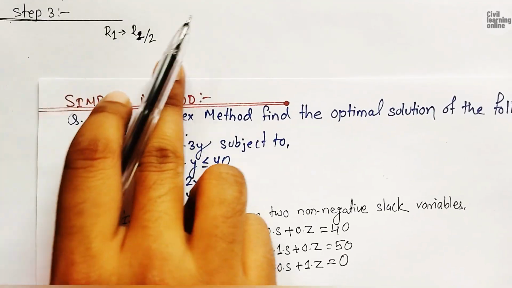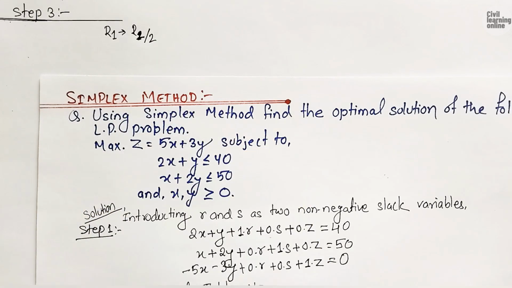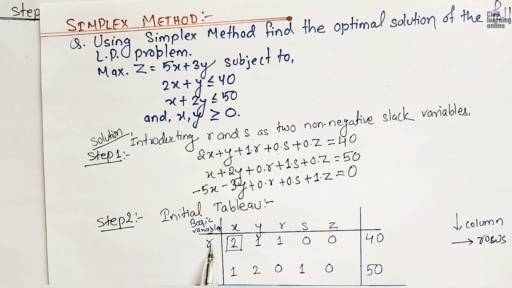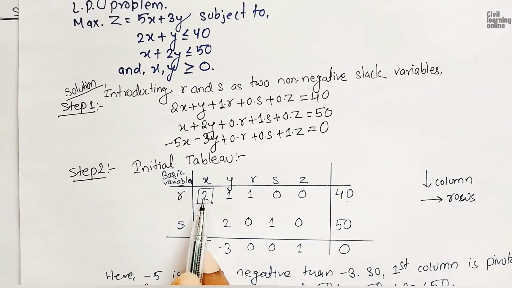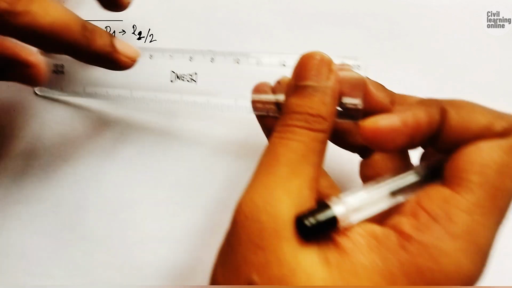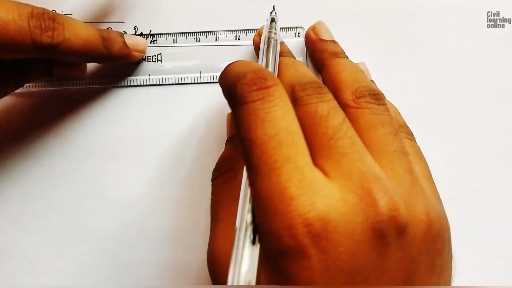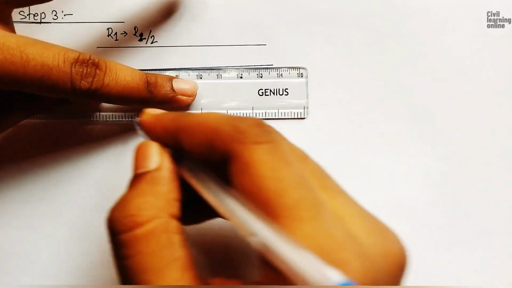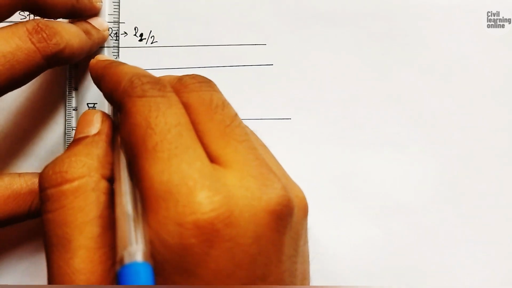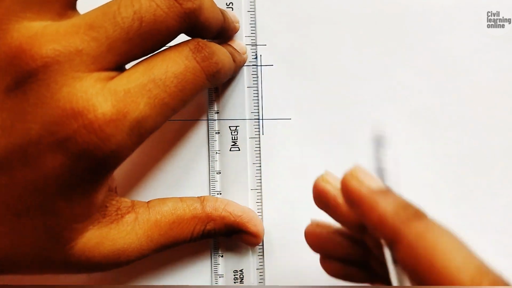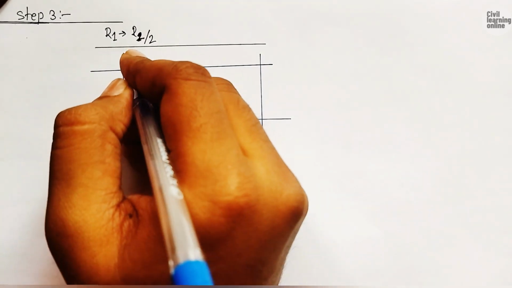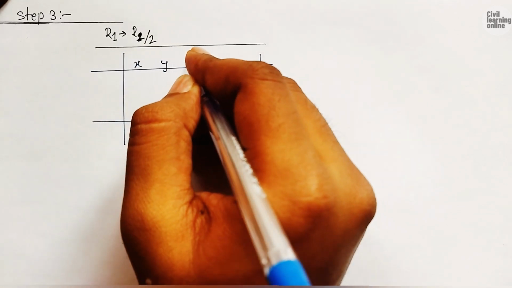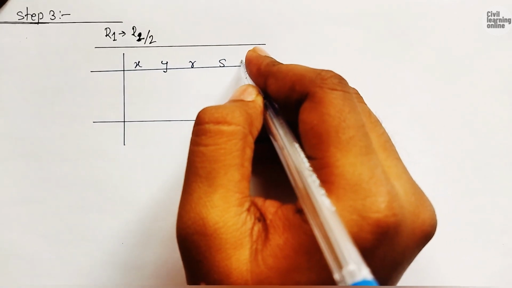I will draw the table once again here, and this time this R will get substituted by X because the pivotal element corresponds to X. So see here, I draw a table. I have here X, Y, R, S and Z.